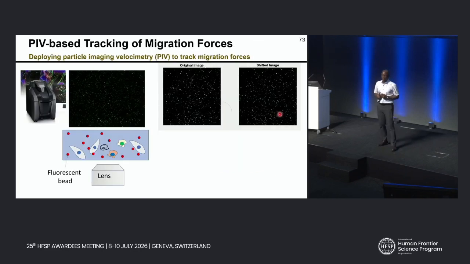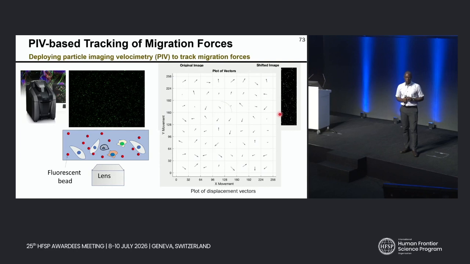Here I'm just showing you some of the clips. You will see the gel embedded with the beads. We can set it on a built-in microscope, and we can do continuous imaging under deformation. And we could use PIV, particle image velocimetry, a technique very much used in biophysics, to track the movements of each bead.